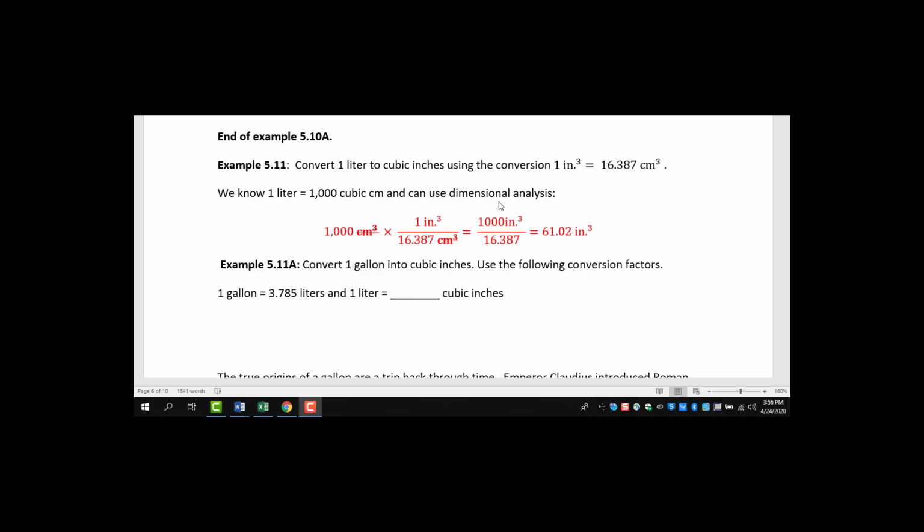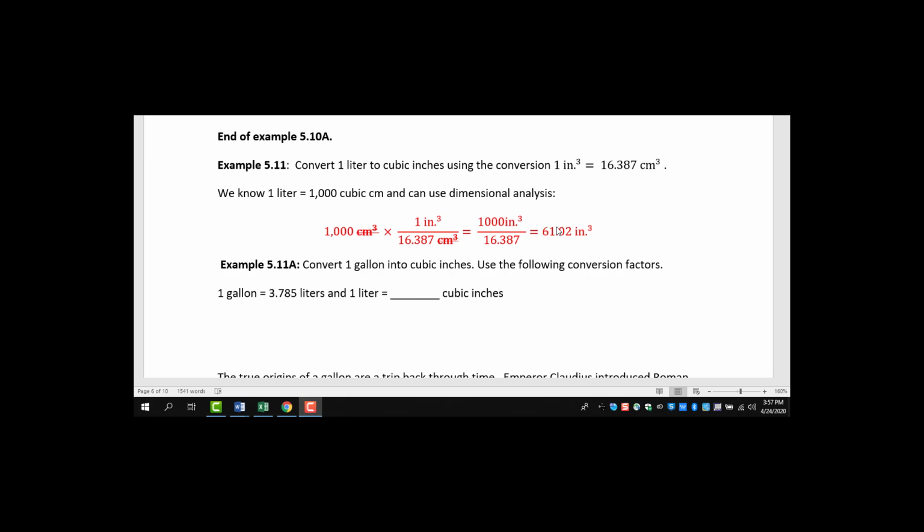And we can use dimensional analysis this way. So I want to convert 1 liter, which is 1,000 cubic centimeters, times this conversion factor. The centimeters cancel, and I'm left with 1,000 divided by that, which is 61.02 cubic inches. So 1 liter, which is about a quart, will contain 61.02 cubic inches.